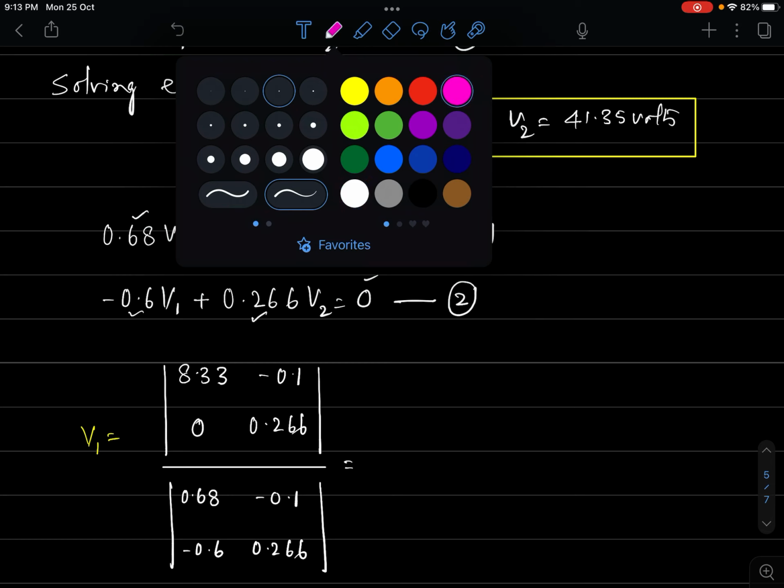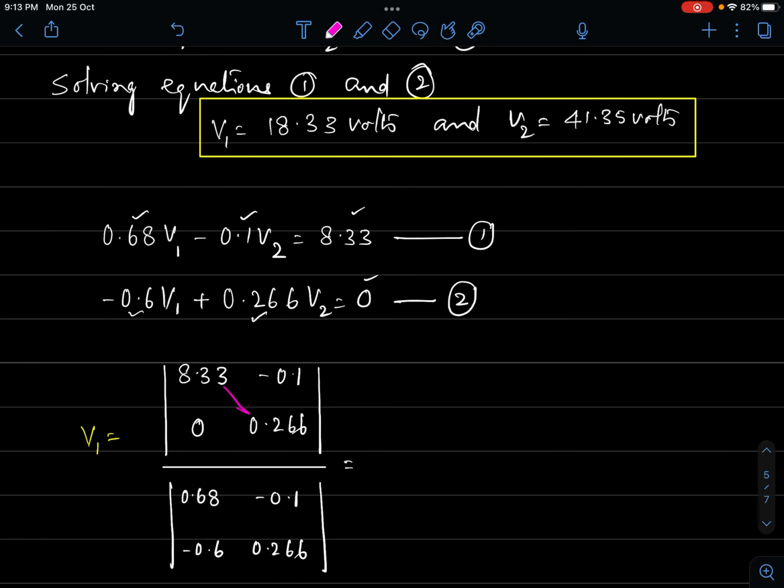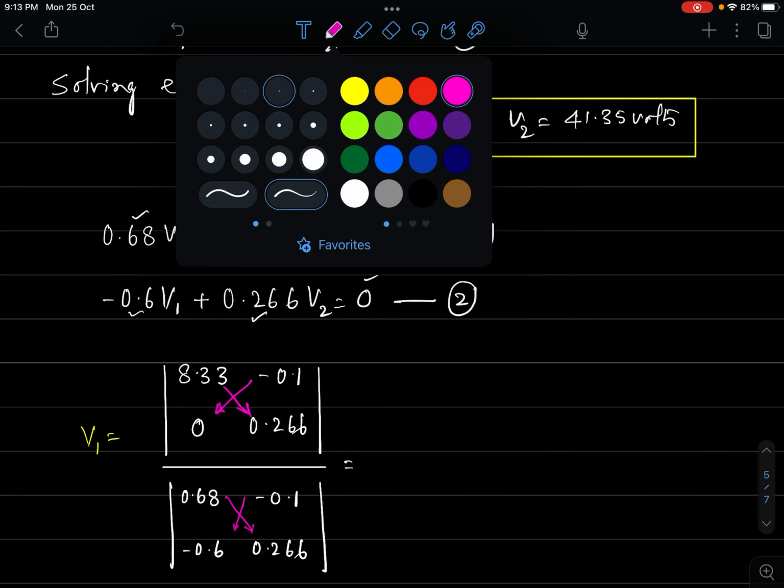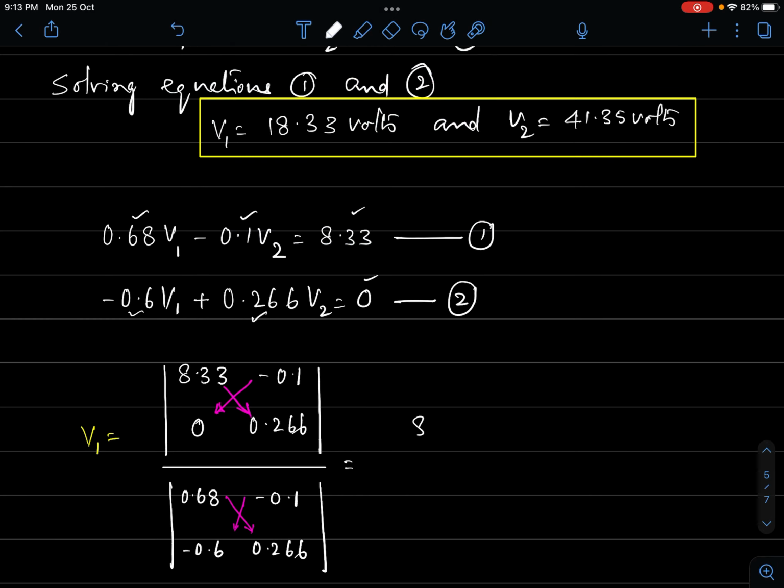We know how to do this into this minus this into this. That's how we do the simplification, one must be knowing this. These are all elementary things which we perhaps study in high school. Still, 8.33 into 0.266, and 0 into something is 0.